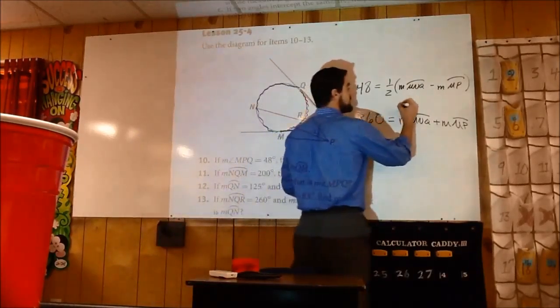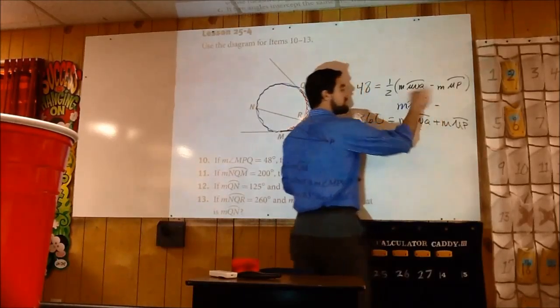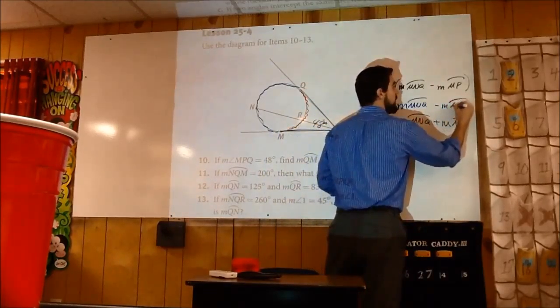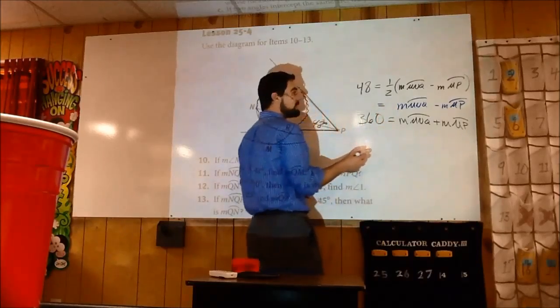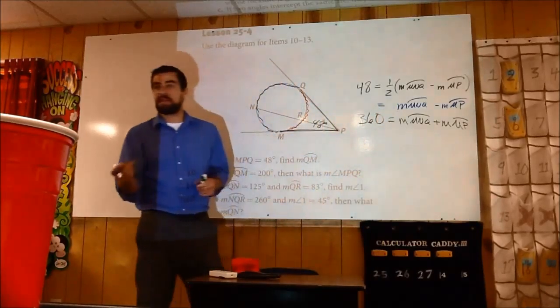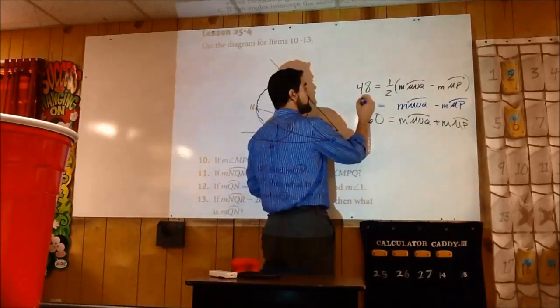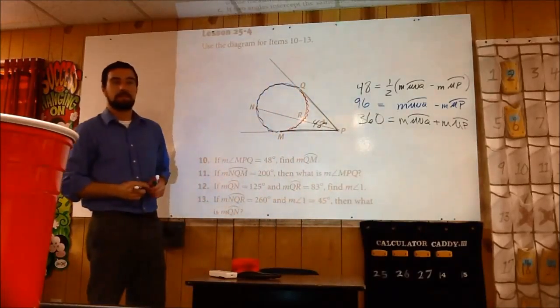What that's going to do is give me this expression: the measure of major arc MNQ minus the measure of minor arc MP. And when you divide by 1/2, that's the same thing as multiplying by what? By 2. And so this is going to give us 96.